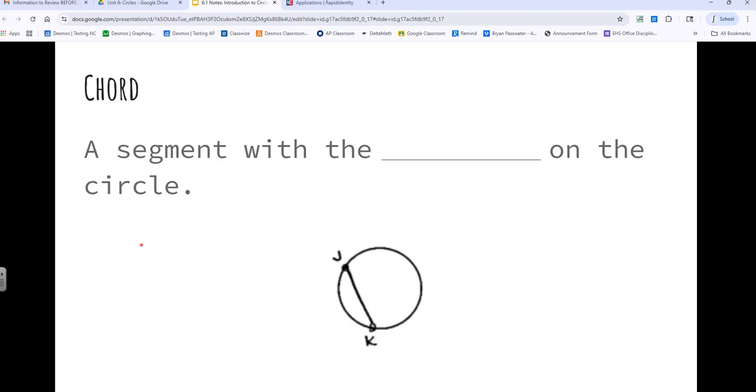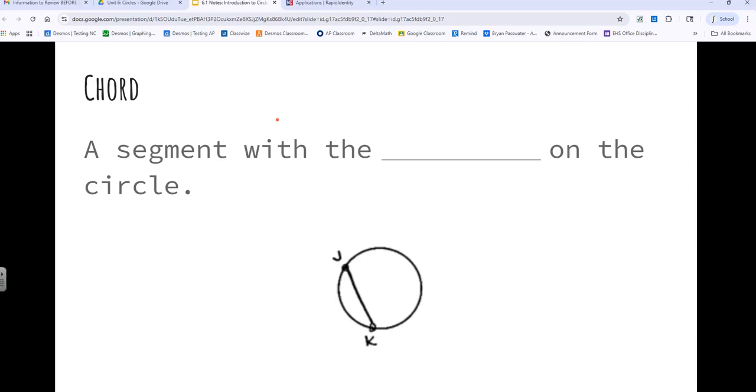Okay, now this one might be a new one. Have you guys heard of a chord in math class regarding circles before? Music is probably the only place you have really seen chord, right? Like C-H-O-R-D. There's also C-O-R-D, which would be a whole different thing too.